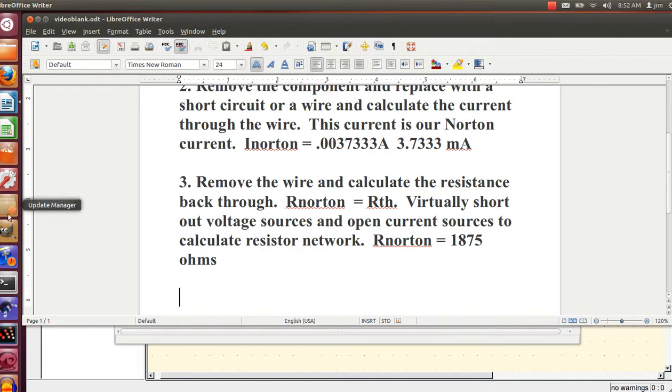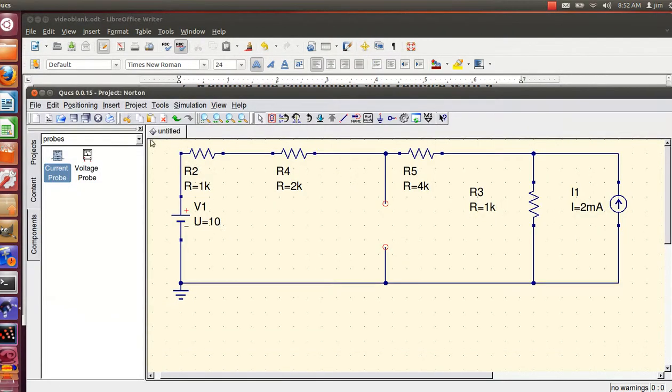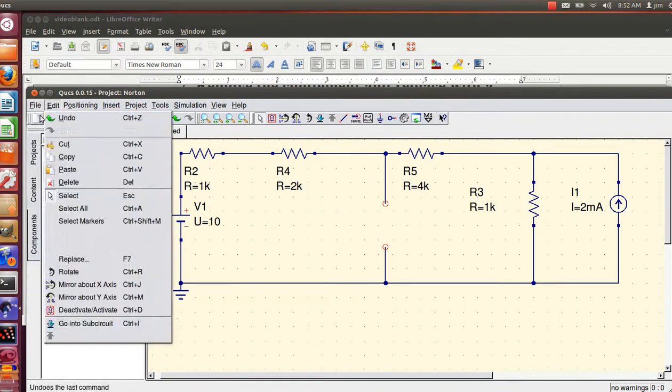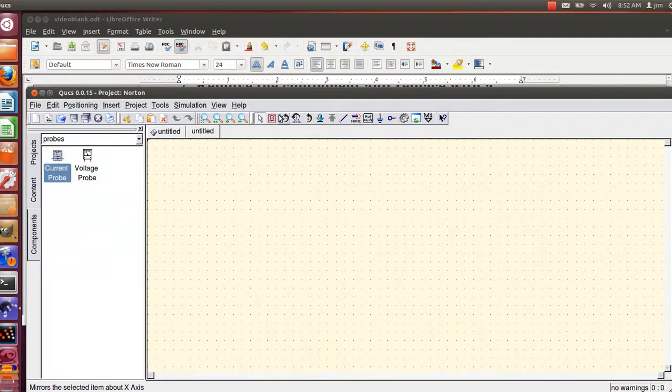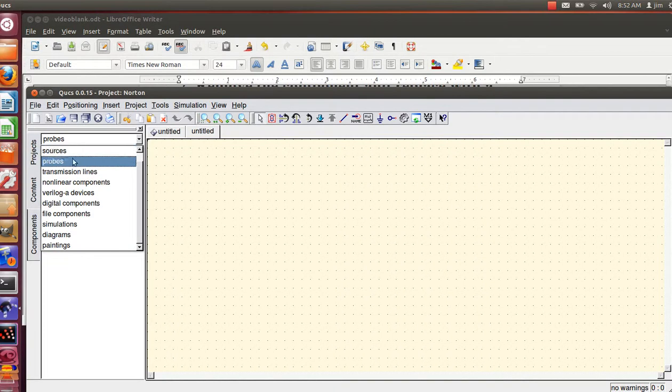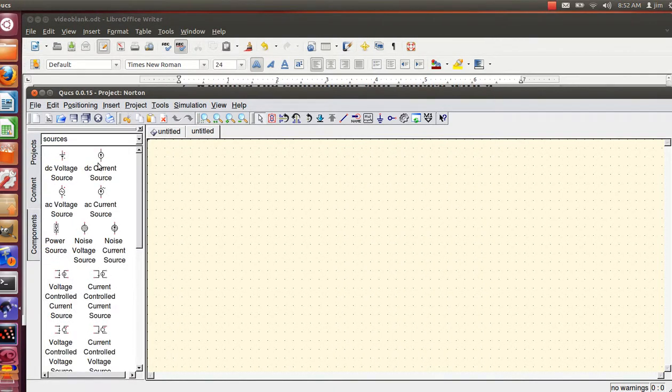So for my completed circuit to study the resistor we picked, I go back to the circuit simulator and do a new project. So it gives me a second untitled. What it would look like is a current source, a DC current source.